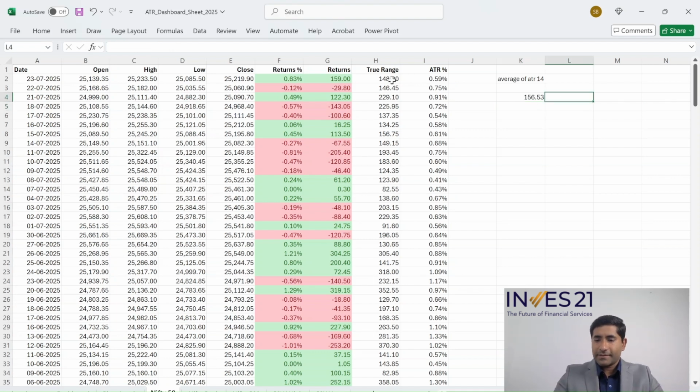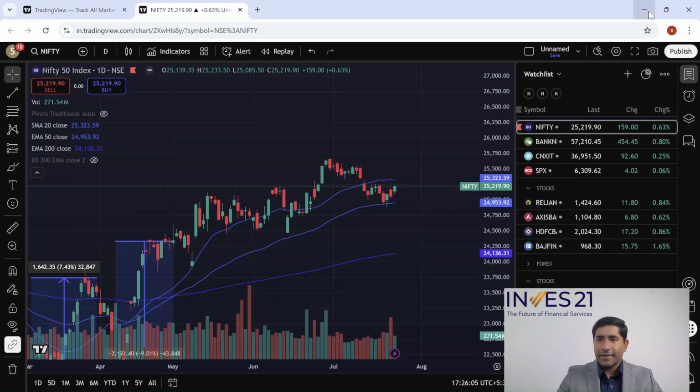So what is today's average true range? So now we get a ratio that the market is about 0.94 when we are looking at the volatility. So anything beyond 156 would be in expansion mode that the market is taking on, right?